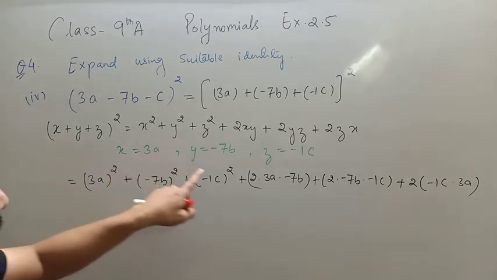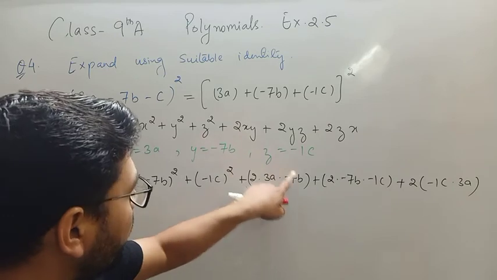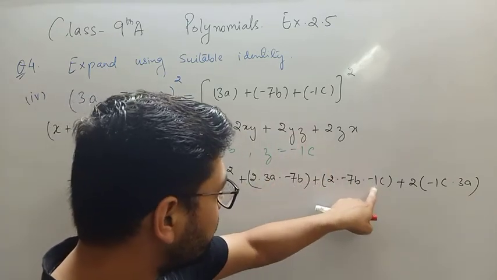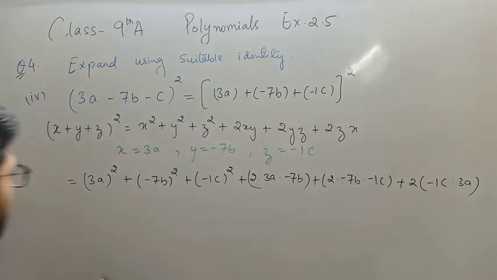Okay, any problem, any doubt? So x is 3a, y is minus 7b, y is minus 7b, z is minus 1c, z is minus 1c, and x is 3a. Now solve this.